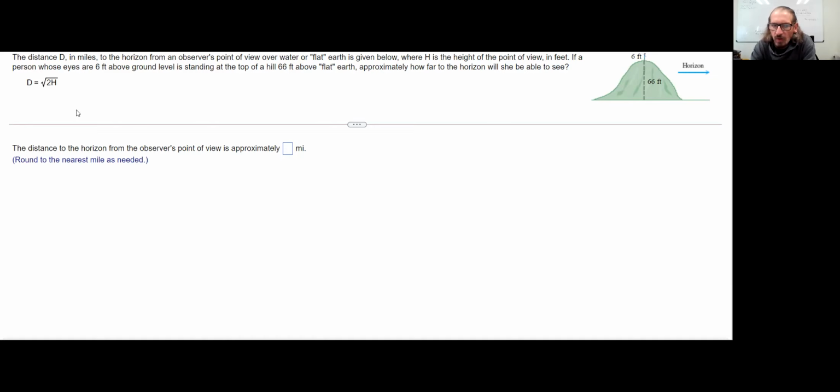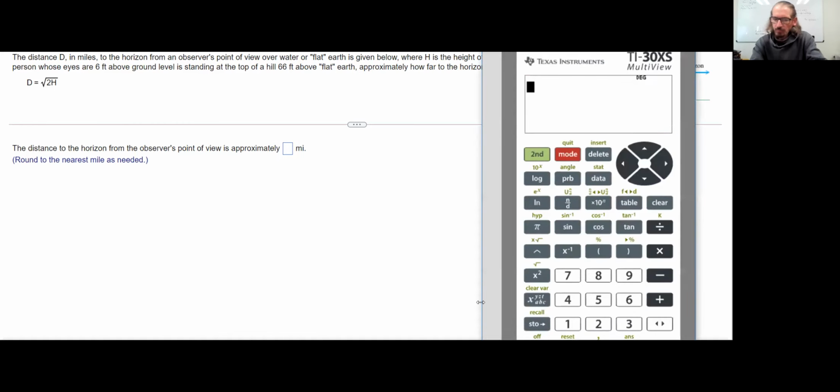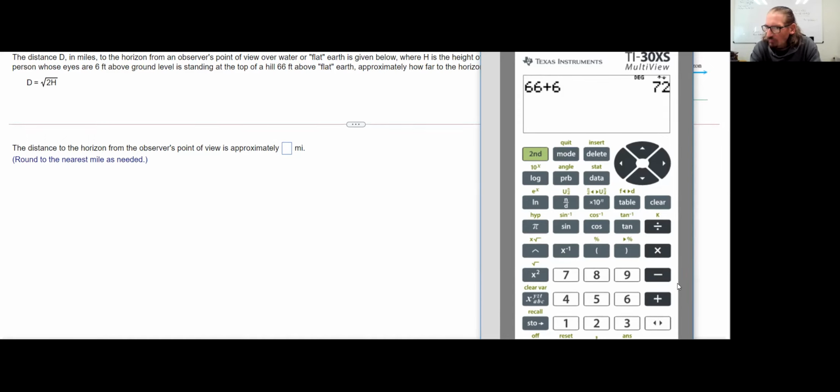So the height is actually 72. Hopefully I'm reading those numbers correctly. And we multiply that by the 2 that's underneath the square root. We take the height times 2. It's going to give us 144, which is a perfect square. Its square root is 12.